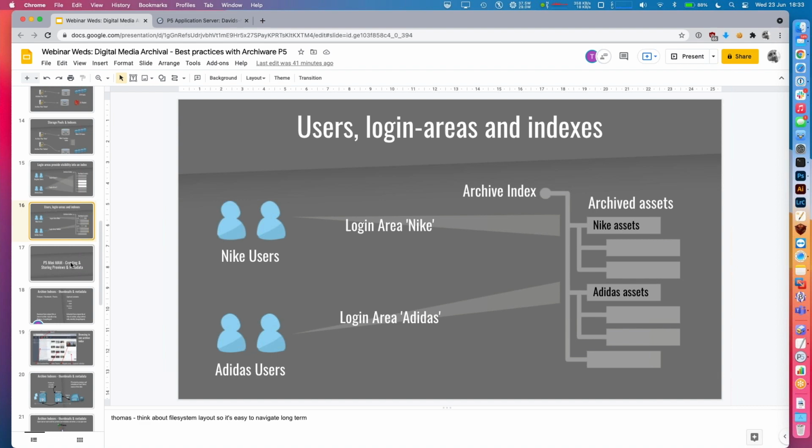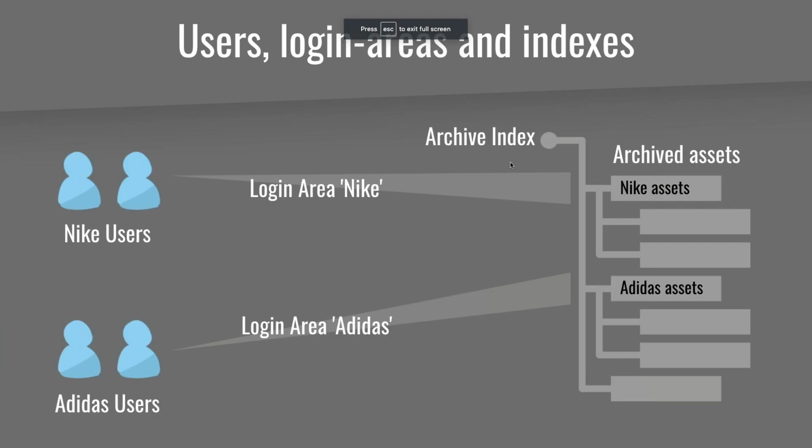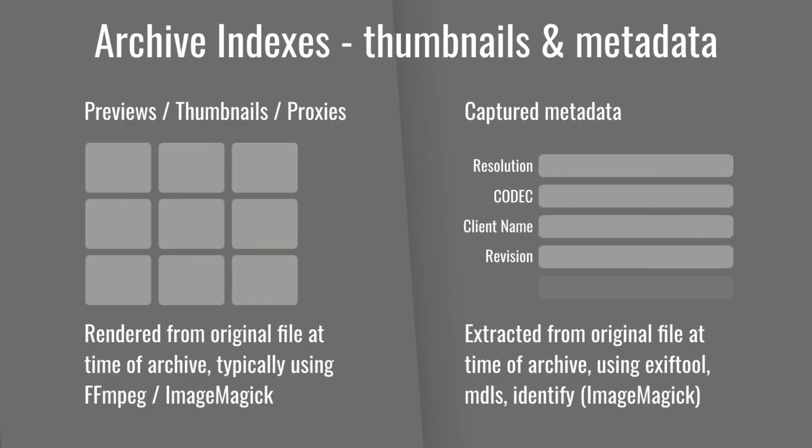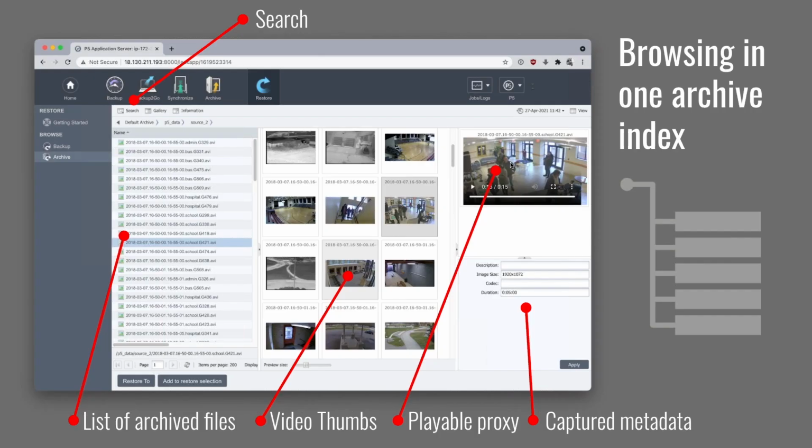We're on this one. So with that, we're going to drop into the next section, which I've titled P5 Minimam, Creating and Storing Previews and Metadata. So the previews and the metadata are what you saw in that web interface. So we had the ability to browse down a path. We had a list of the assets that we found in that folder.